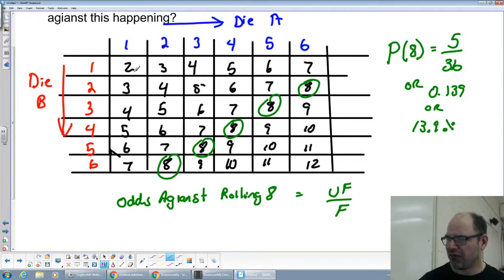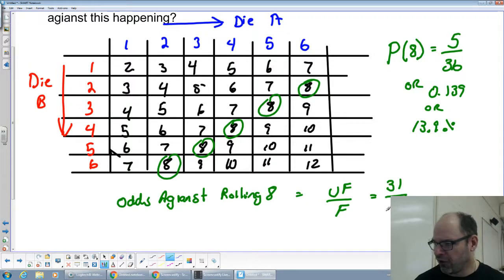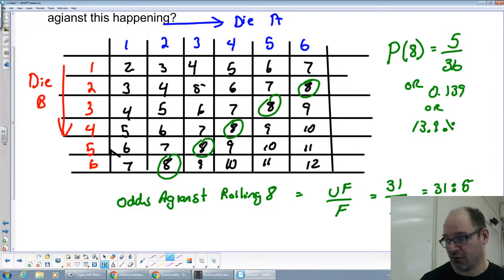So how many unfavorables do we have? Well, if we have 5 favorables, we have 36 minus 5 unfavorables. So we'll have 31 unfavorable rolls over 5 favorable rolls, which can't be reduced. Or if you write it like this, sometimes it's written as 31 to 5. That's odds against.